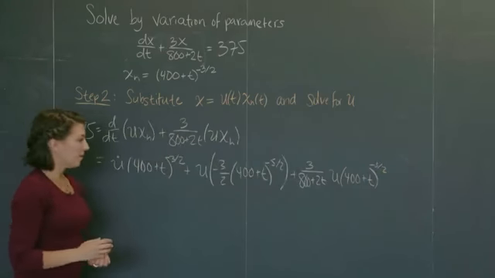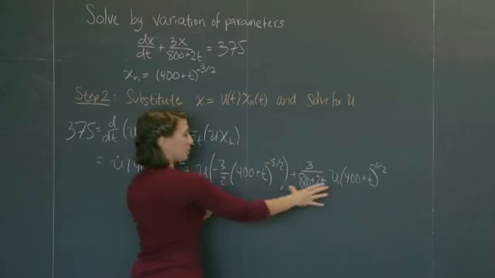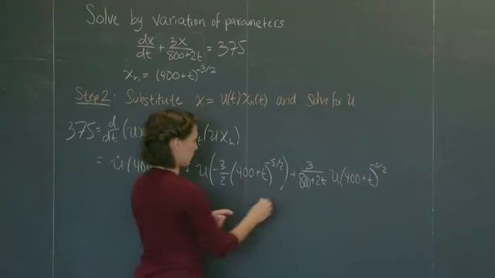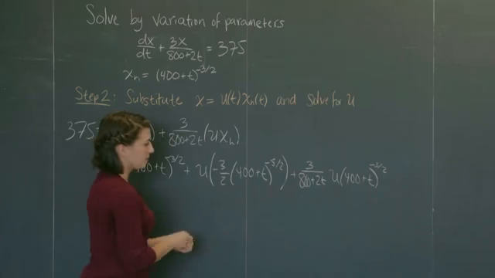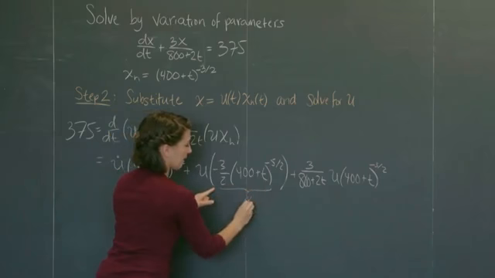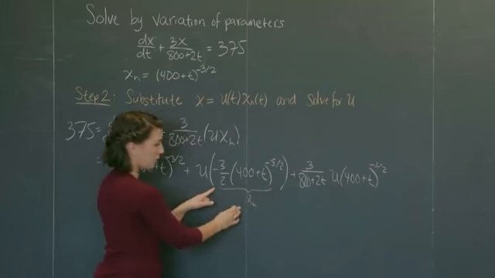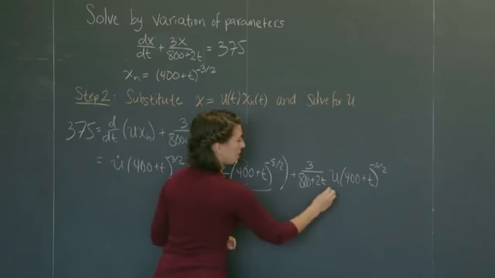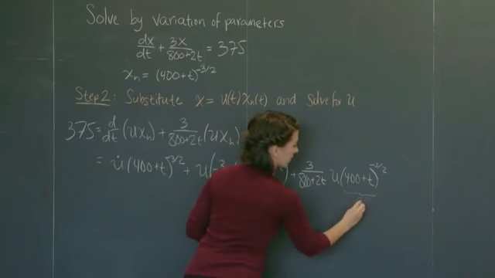Now, if you simplify, you'll see that these two terms actually cancel with each other. And that's because we said that this term is x sub h dot from the product rule, and this term is x sub h.